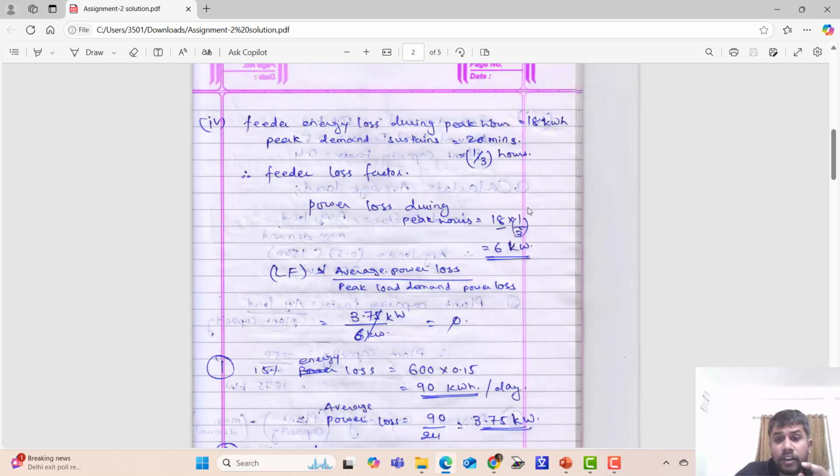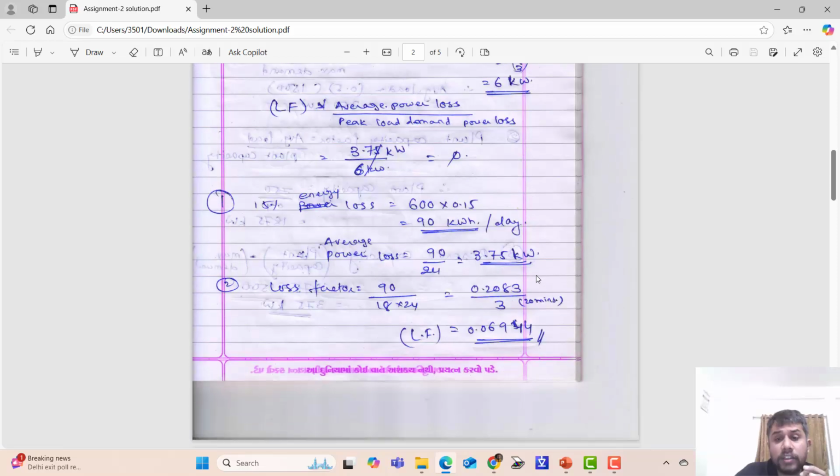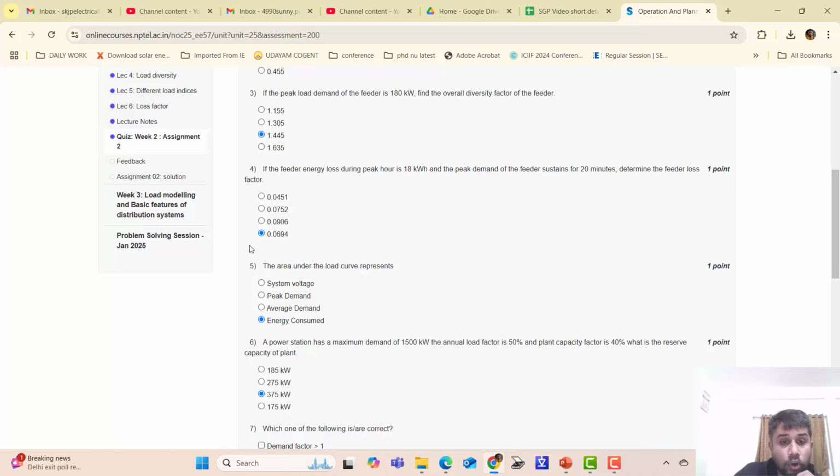We want to find it for 20 minutes, so we divide it by 3. So 20 minutes gives us 0.06944 as the value. So the option is D, 0.0694.